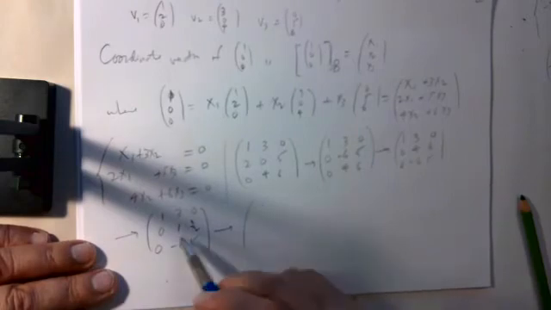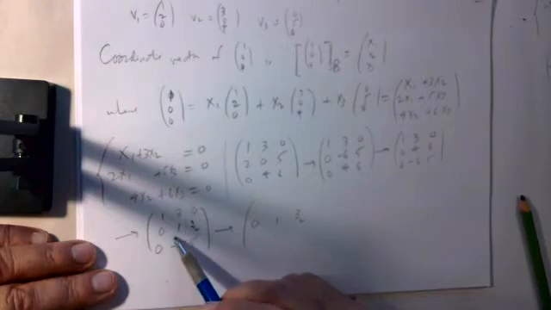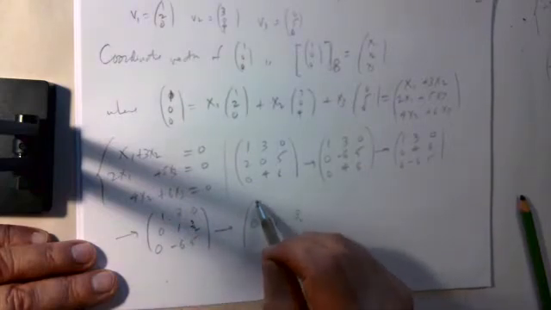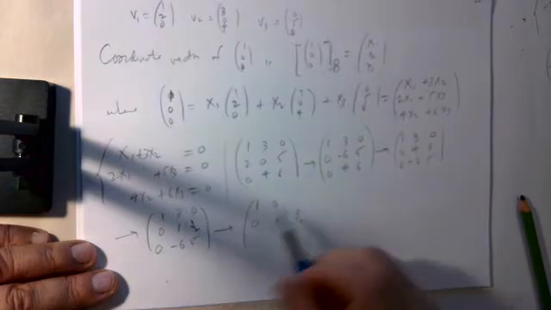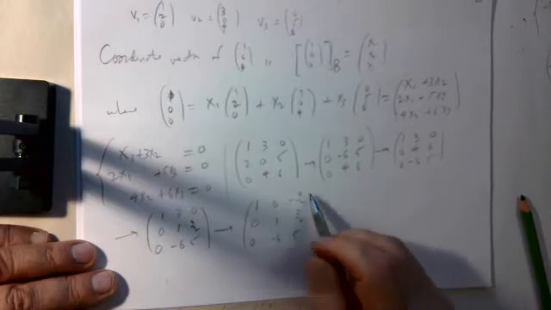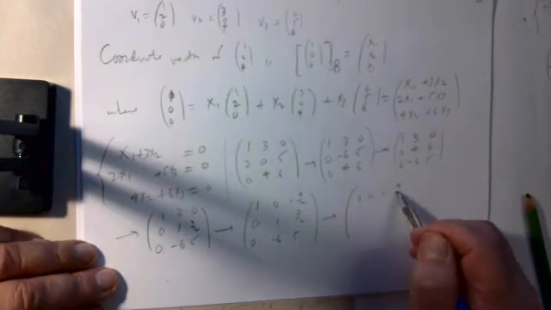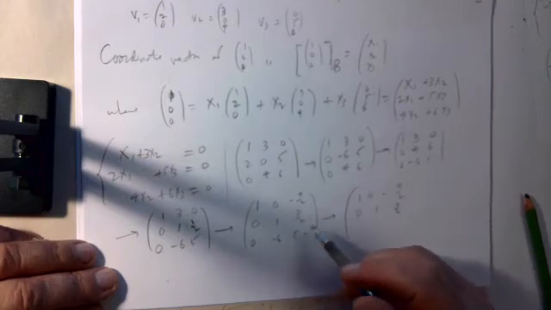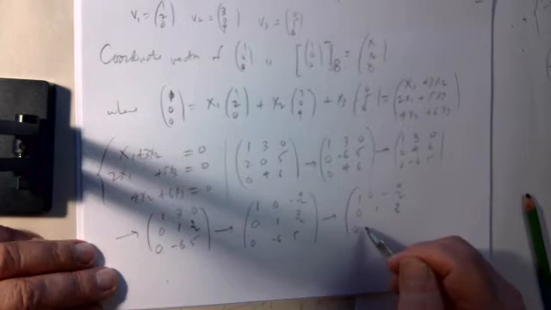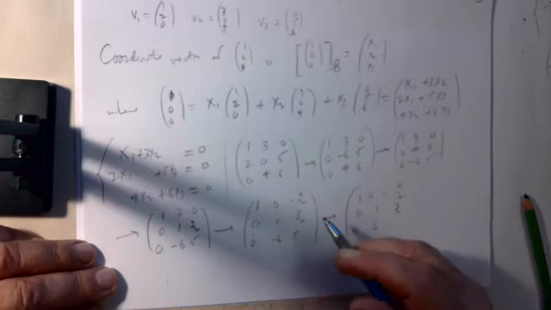And 0 minus 6, 5. So I want to get a 0 there, so I have 0, 1, 3/2. I take the first row minus 3 times the second: 1 minus 0, 3 minus 3, 0 minus 9/2. And then I want a 0 here, so I add 6 times this row to this row. 6 times 3/2 is 9, 9 plus 5 is 14.